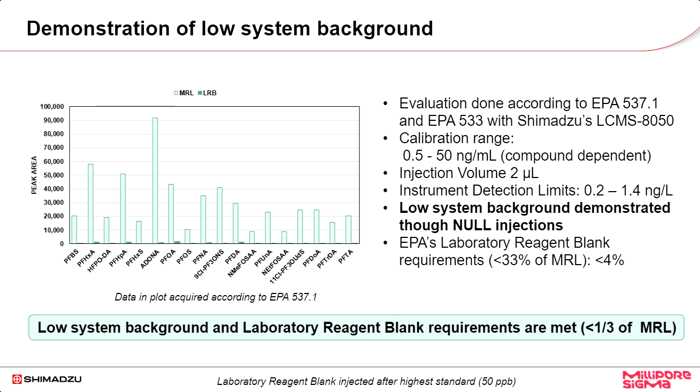With a null injection, we can confirm every day that our mobile phases are clean, our delay column is working and is delaying potential PFAS in the background, and the rest of the hardware is also clean. In the specific experiment shown in the screen, our blank was 4% of the MRL, and that work was done using consumables from Millipore Sigma.